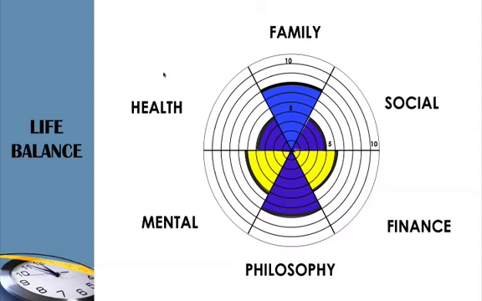So what I want you to do very quickly is go into the workbook. I think it's on the second page, you'll see a nice little diagram there. Zero is in the middle, ten is the outside ring. I want you to score yourself for each of those quadrants and tell me, type into the question box, which one has the lowest score for you. Okay, so you're clear?